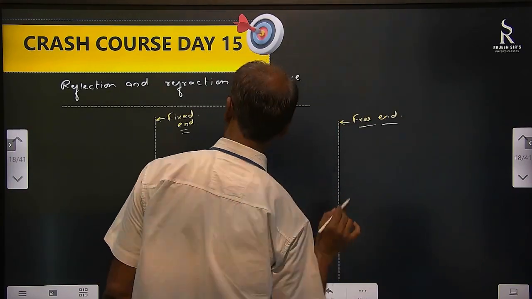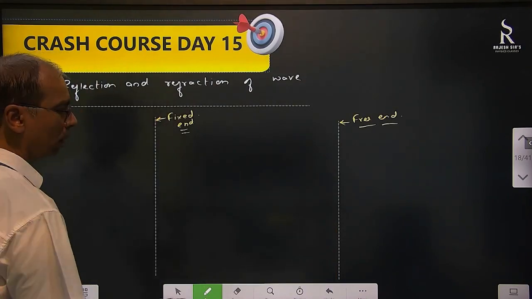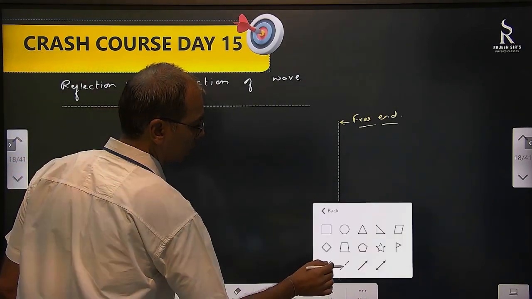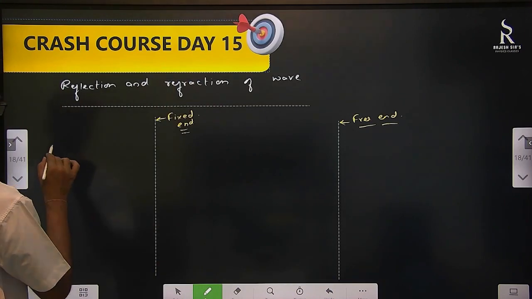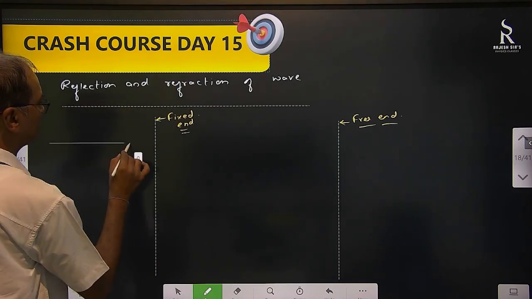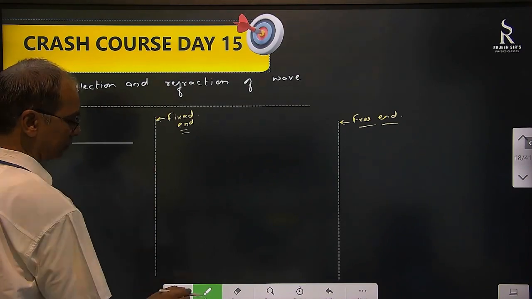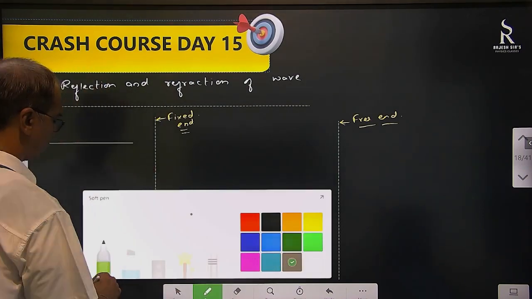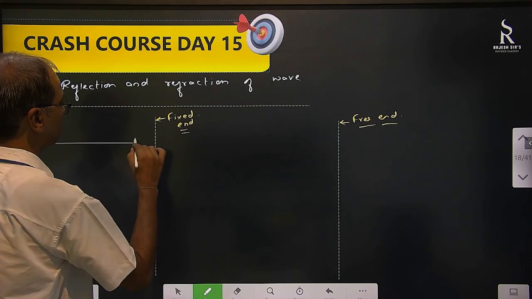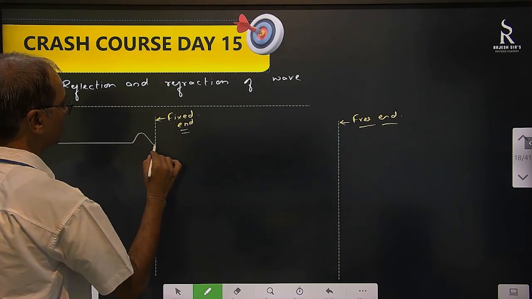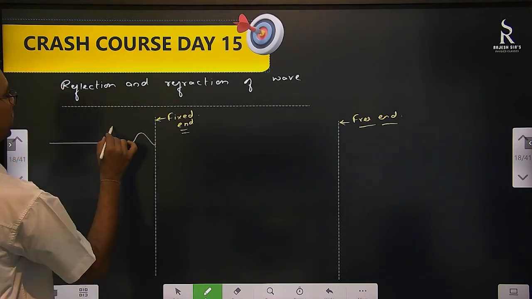We are seeing it on a string. So when we make a string here, let's assume the pulse is like this. This is the pulse, and this is the fixed end. This pulse is going like this.